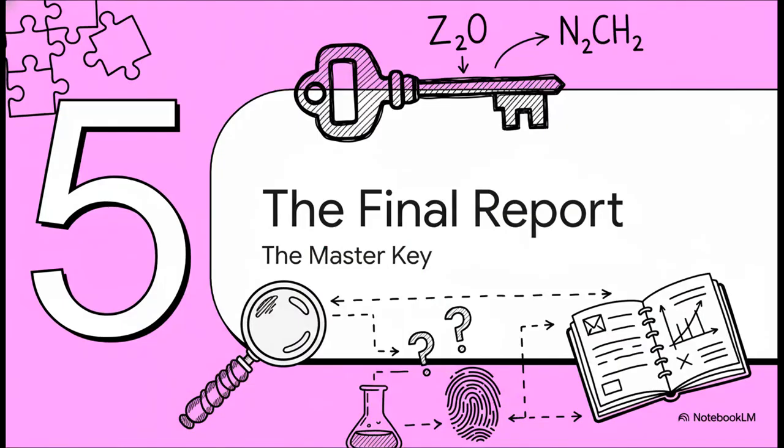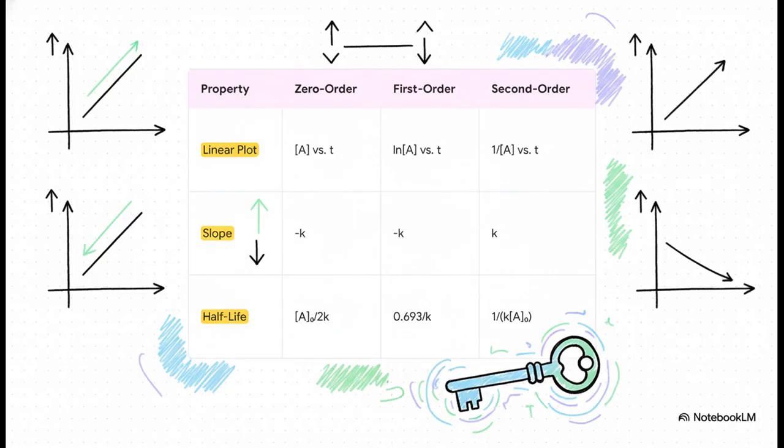Okay, wow. We've gathered a lot of clues, we followed the evidence, and we solved the case. So let's compile all of our findings into a single, powerful final report. This right here is it. The ultimate cheat sheet. This table is your field guide. It tells you exactly which plot to make to get that straight line, what the slope of that line tells you, and the specific half-life equation for each order.